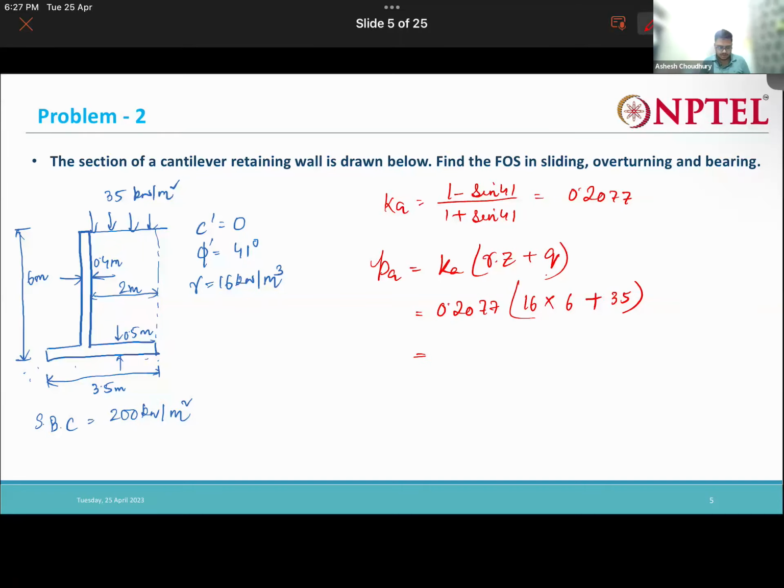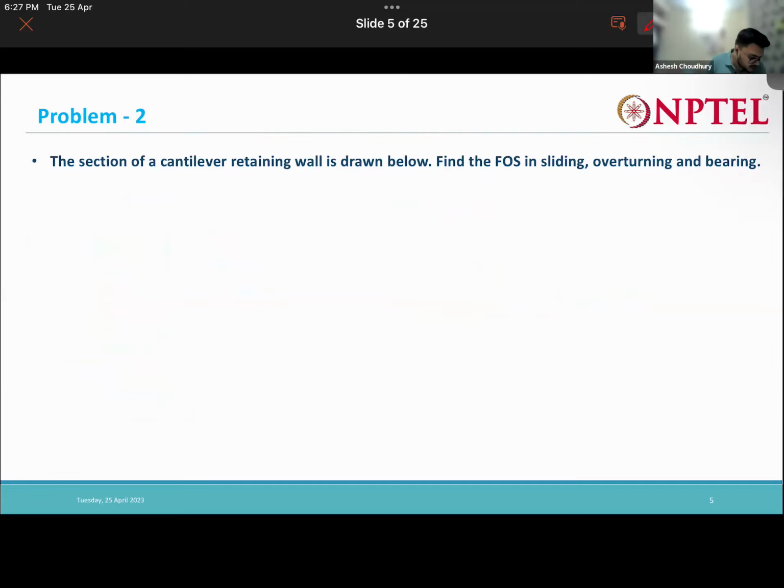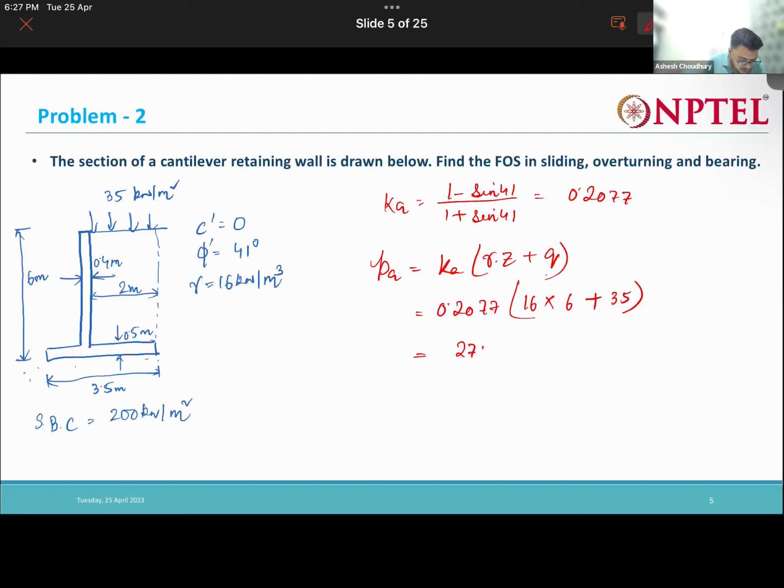Pressure is 16 into 6 plus 35, which gives 27.21 kilonewton per meter square. Okay, 27.21, got it, right?